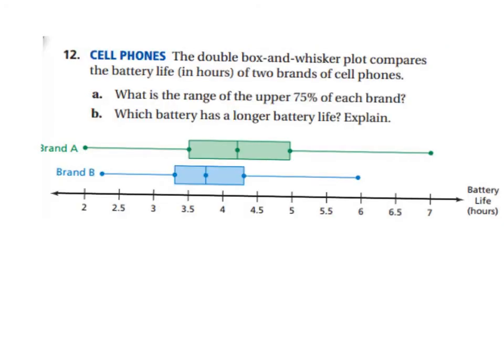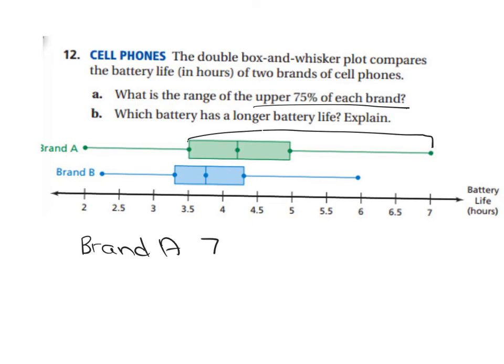Cell phones. In this one, what is the range of the upper 75% of each brand? So upper 75% is from here to here. So brand A would be 7 minus 3.5, which would be 3.5.